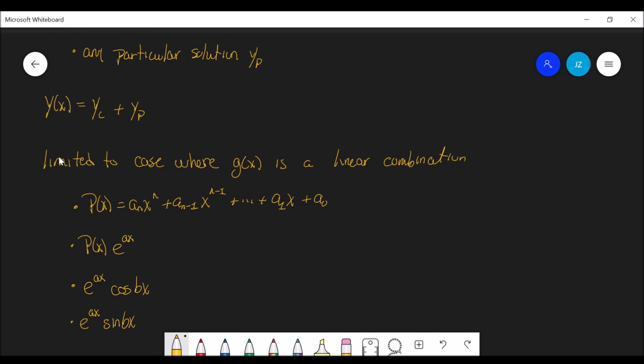So it would seem reasonable to assume that y sub p has the same exact form as g of x. And we will see how to do this, or how to set it up, in two examples.